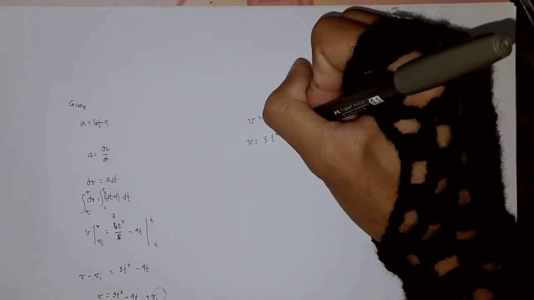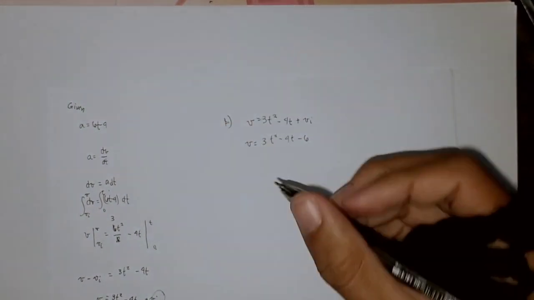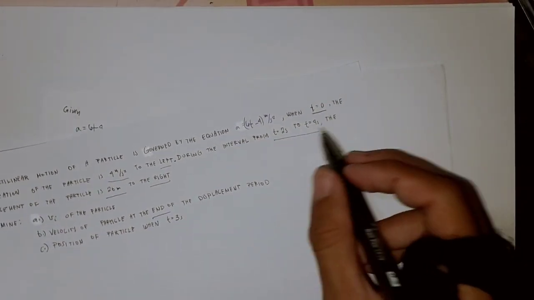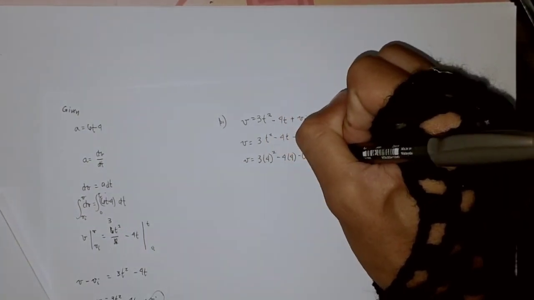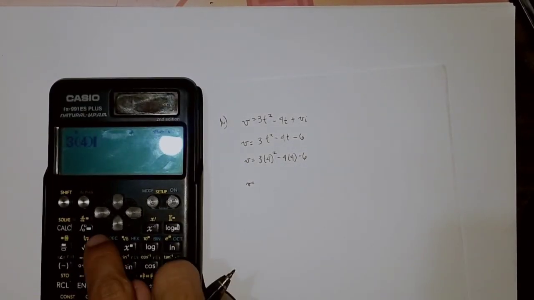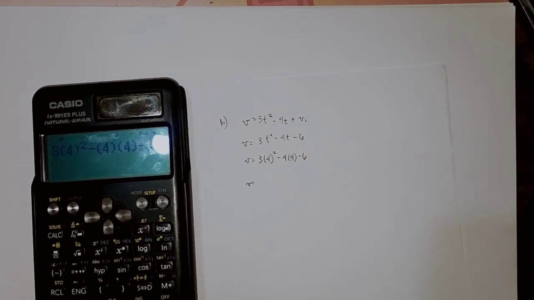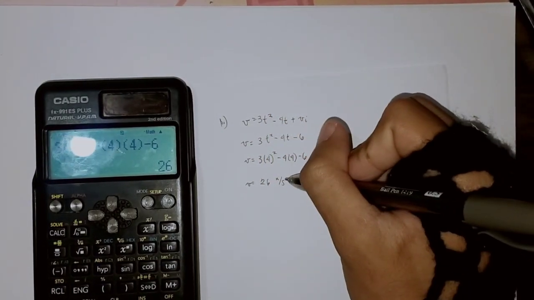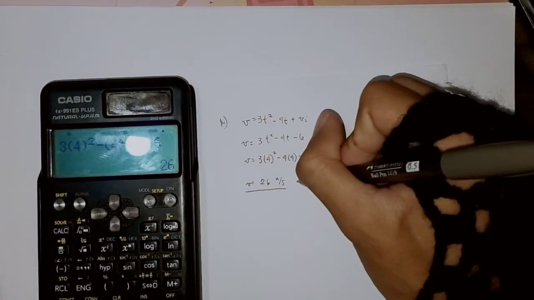We have 3t squared minus 4t minus 6. Then this is letter B. Just substitute the value of 4 seconds at the end of the displacement. We have 3 times 4 squared minus 4 times 4 minus 6. V is equal to, by direct calculation, 26 meters per second. Since this is velocity and it is positive, the direction is to the right.